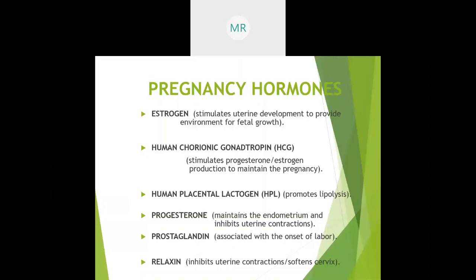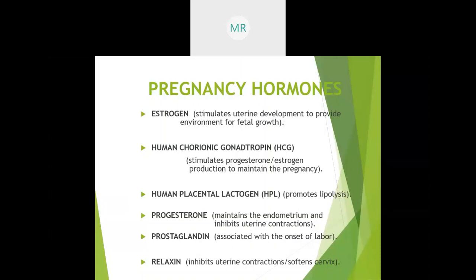We also can do a blood test, and the blood test is a quantitative beta HCG. So the blood test that we can do for the HCG is quantitative. It gives you numbers. And it closely monitors the development of a pregnancy, and that's what the quantitative is. The levels continue to increase.